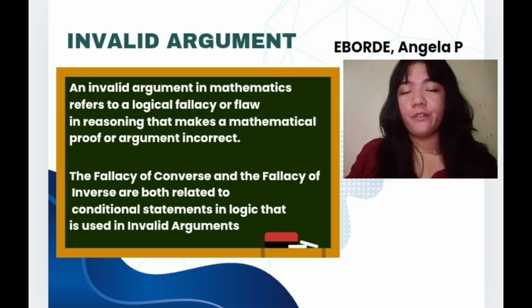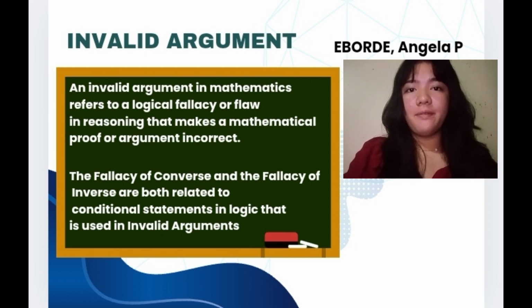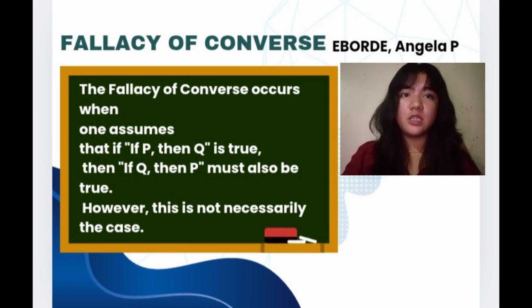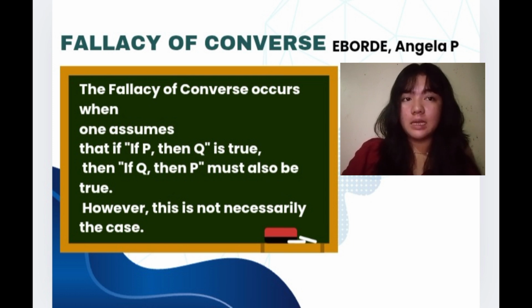The fallacy of the converse and the fallacy of the inverse are two common logical fallacies that occur when reasoning about conditional statements, giving invalid arguments. The fallacy of the converse occurs when someone assumes that if P then Q is true, then if Q then P must also be true.